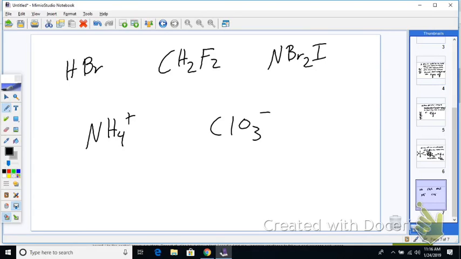So you're going to come up with a total, and you'll subtract 1 from that total. If it has a negative 1, then what's happened? It has an extra electron. So you'll add an electron to your total when you start using your total to determine how many pairs of electrons you're going to have. Okay, so do each one of those, and show the dot structure and the structural formula. Alright?